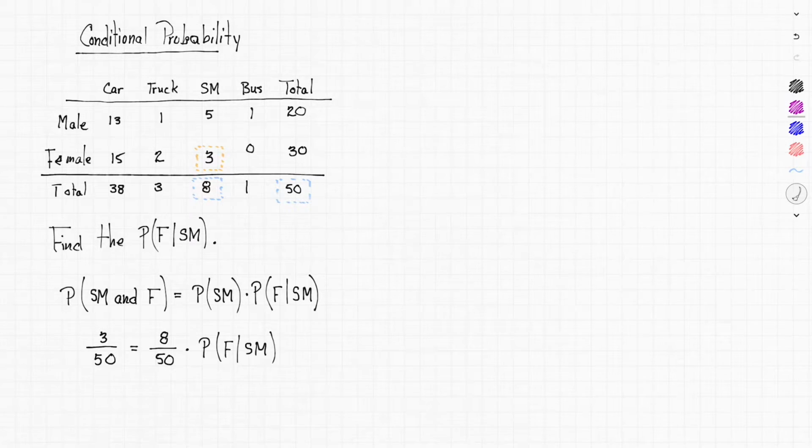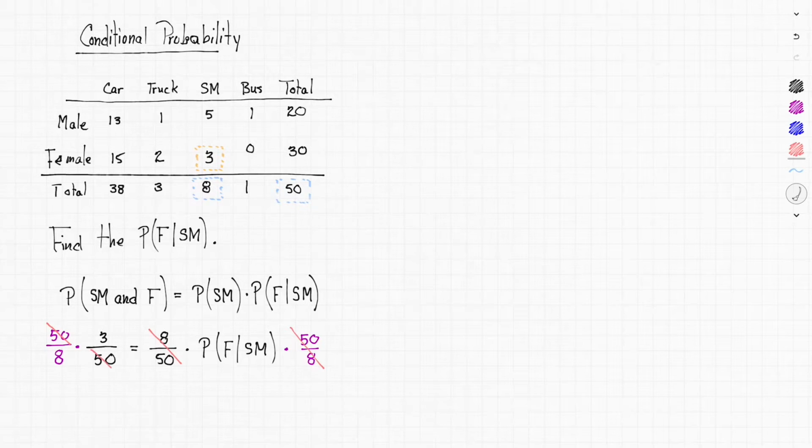So to solve this, we're going to use a little bit of algebra, and we're going to multiply both sides by the 50 over 8. Remember, that's the primary law of algebra: if you do something to one side, just do the exact same thing to the other side. Now, we do that and a couple helpful things happen. First off, I'm left with the right side being my answer, the probability of a female given an SUV or minivan driver was already selected.